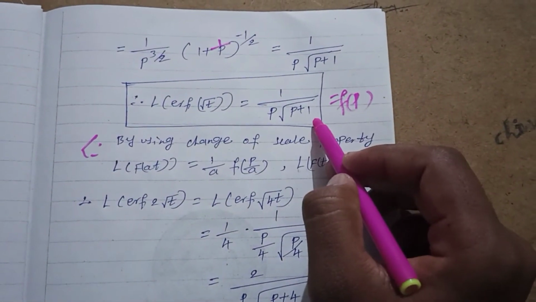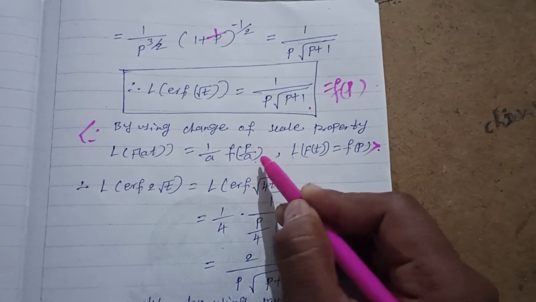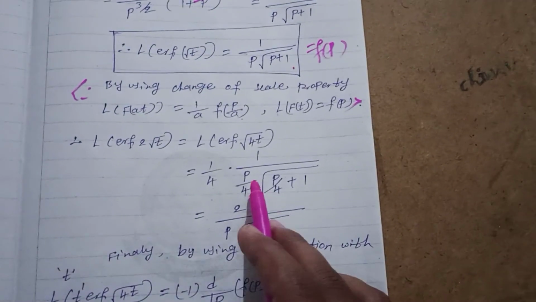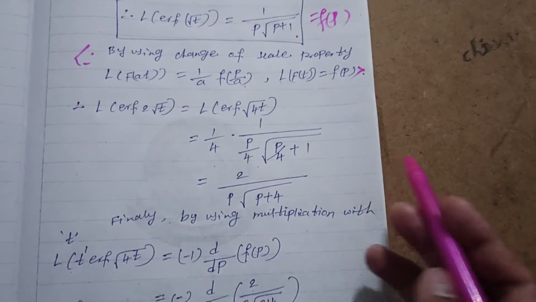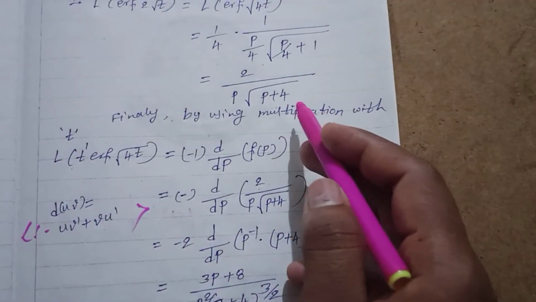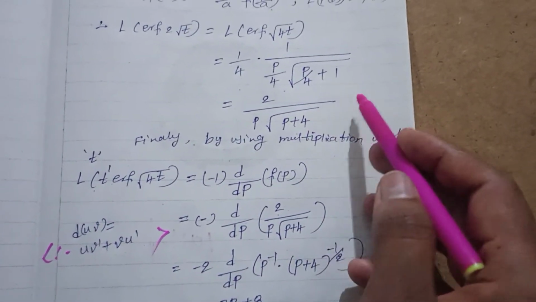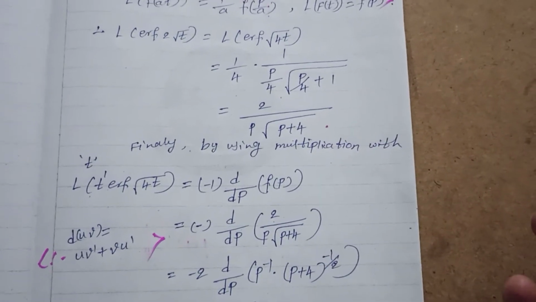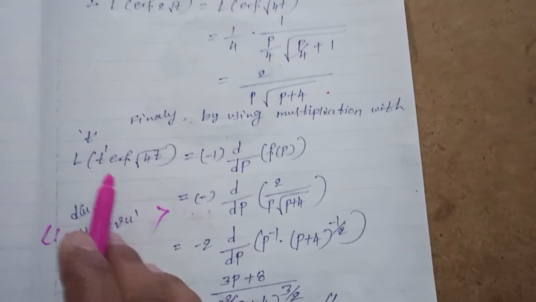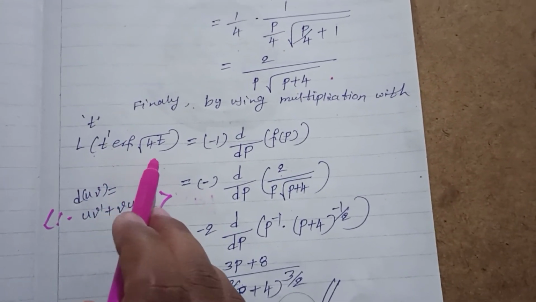So in place of p in f of p we have to substitute p by a, and a is 4, so I am substituting p by 4. That's all. By solving, we will get this one. We have to get the final answer L of t into error function of square root of 4t.